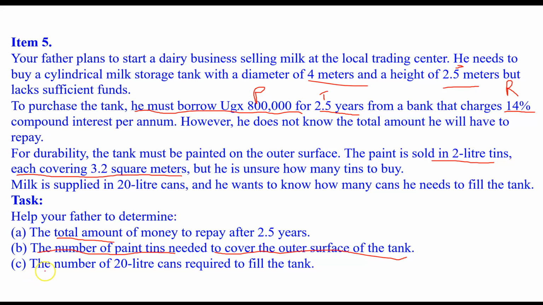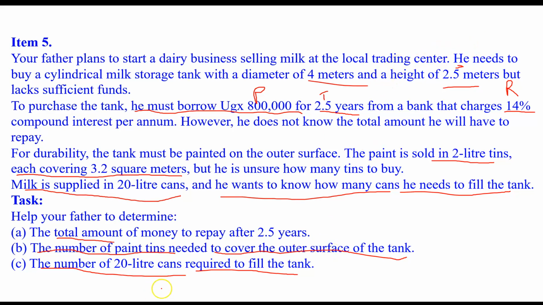They're asking us to determine the number of 20-liter cans required to fill the tank. They had said that milk is supplied in 20-liter cans, and he wants to know how many cans he needs to fill the tank. So since this is volume in liters, we need to calculate the volume of the tank in liters.